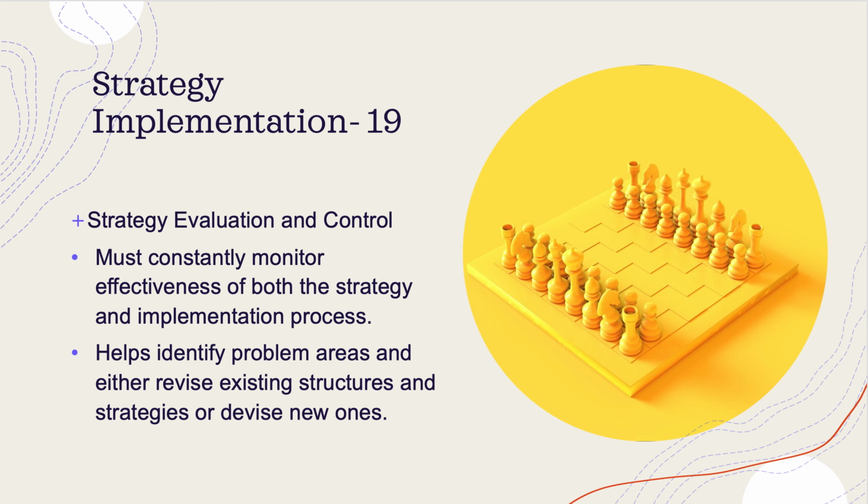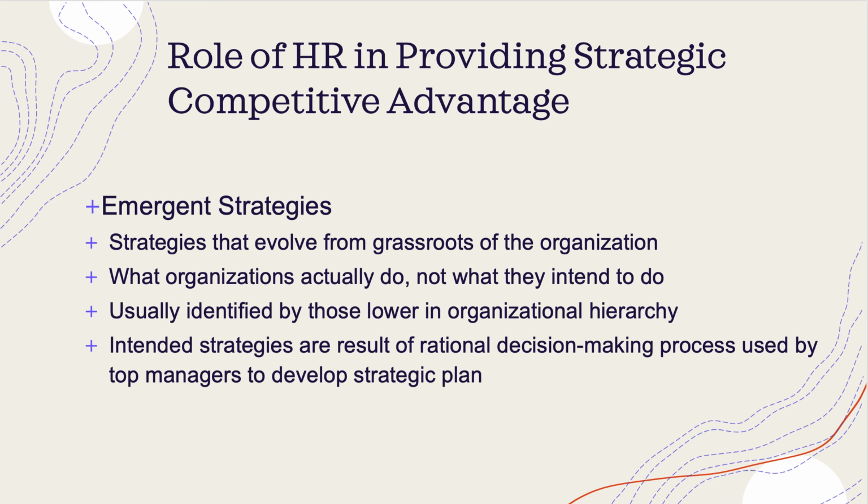In this process, we see emergent strategies appear, as well as the critical nature of human resources as a competitive advantage. You have to constantly monitor the effectiveness of both the strategy and implementation process and identify problems and either reverse the existing structures and strategies or devise new ones. Human resources can provide a strategic competitive advantage in two ways: through emergent strategies and through enhancing competitiveness. A distinction between intended and emergent strategies has important implications for HR management.